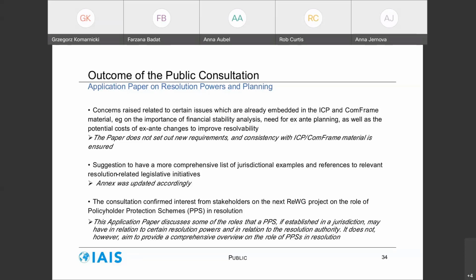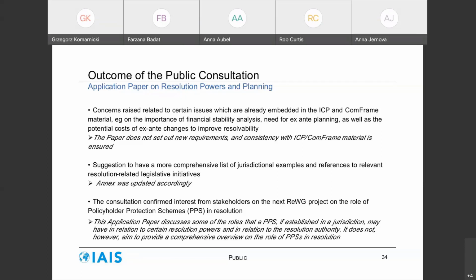The consultation also confirmed that there's significant interest from stakeholders, both on the supervisory and industry side, in the next resolution working group project, which is going to be an issues paper on the role of policyholder protection schemes in resolution.